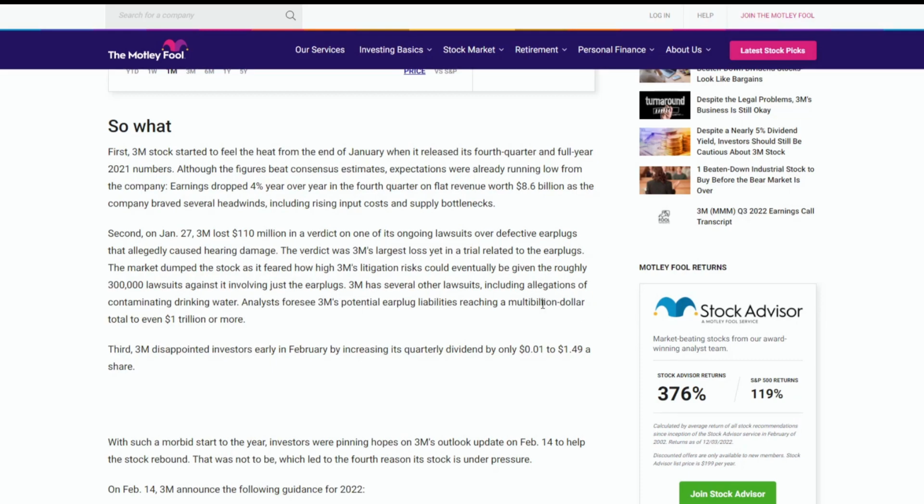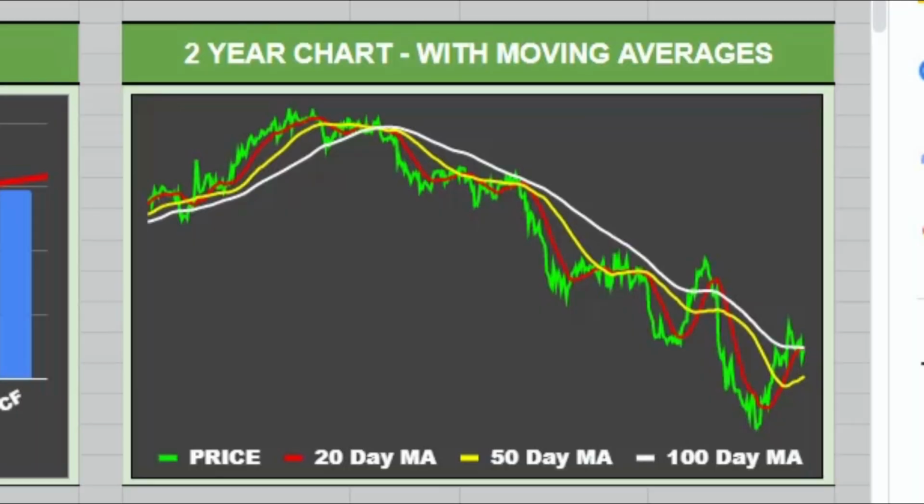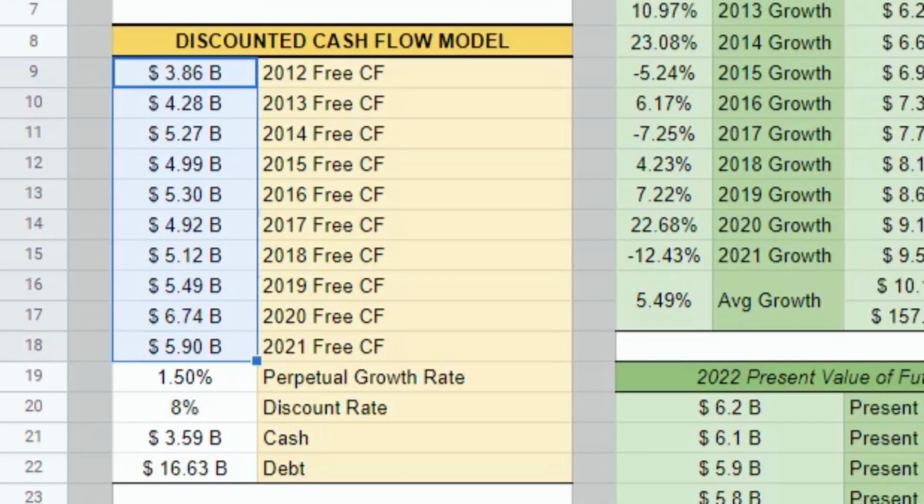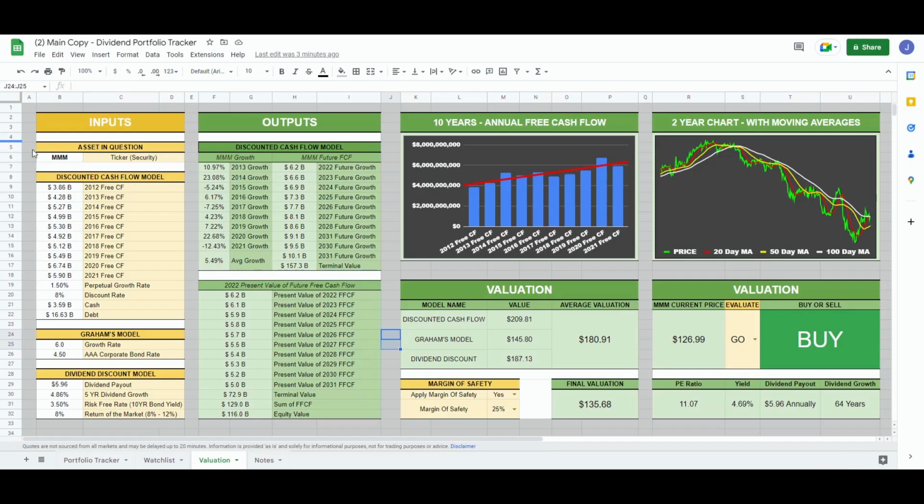Analysts are foreseeing a multi-billion-dollar, even a possible trillion-dollar payout for the various lawsuits. That is one of the main reasons 3M has continued to tank despite such high free cash flow numbers. So this is definitely one to keep in the back of your pocket.